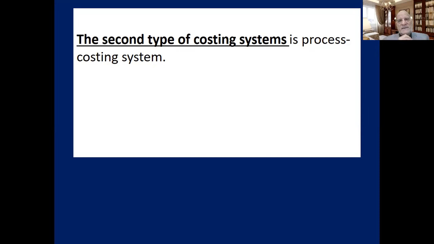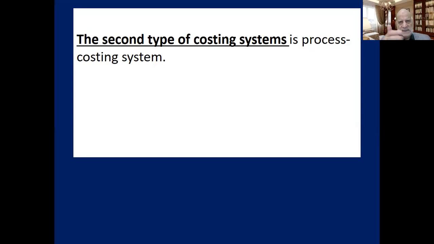Many companies have costing systems that are neither pure job costing systems nor pure process costing systems, but have elements of both, tailored to the underlying operations.